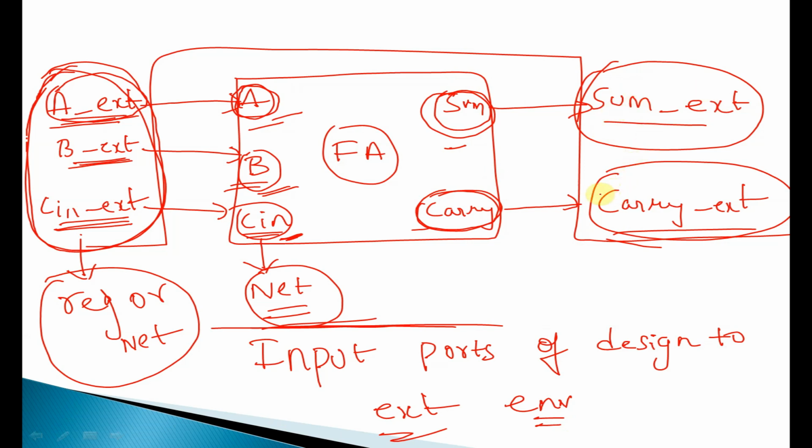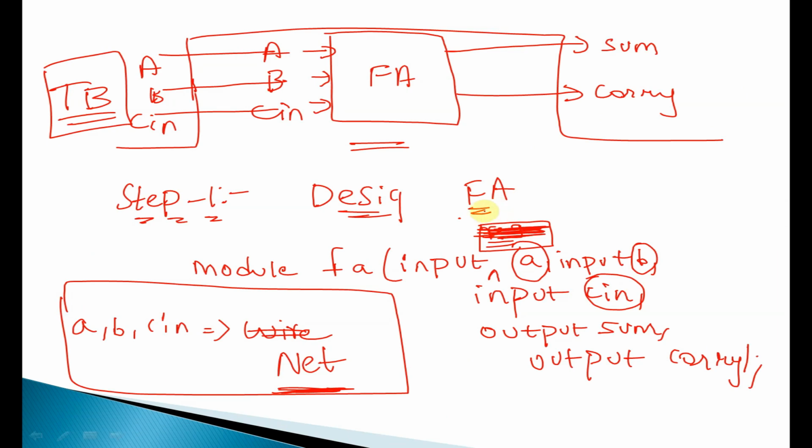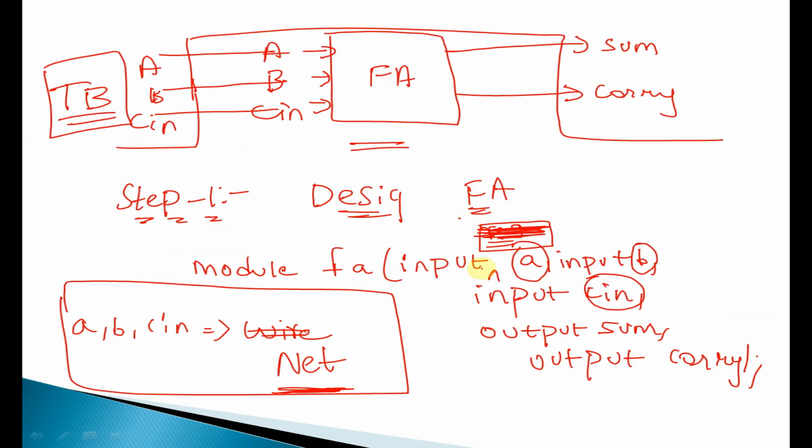And coming to the data types for these outputs, now tell me one more question. Here we have written output sum and output carry. By default, what is the data type for this sum as well as carry? Whether it is reg or whether it is net.